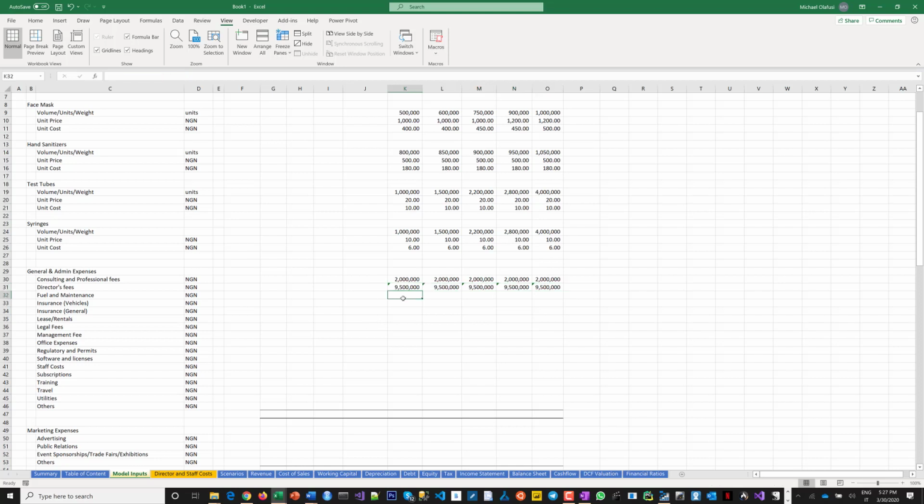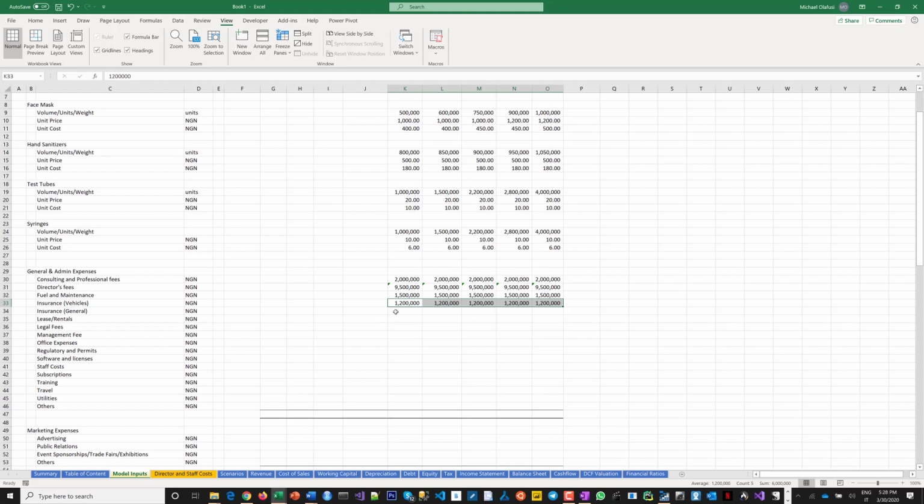And for the fuel and maintenance, let's again use some fixed amount and say the company spends 1,500,000 on fuel and maintenance of all the vehicles they have. And for insurance, let's say they spend 1,200,000 on insuring all of the vehicles.